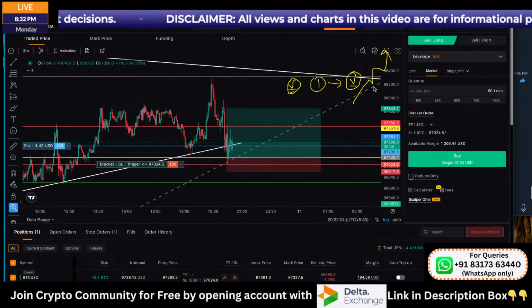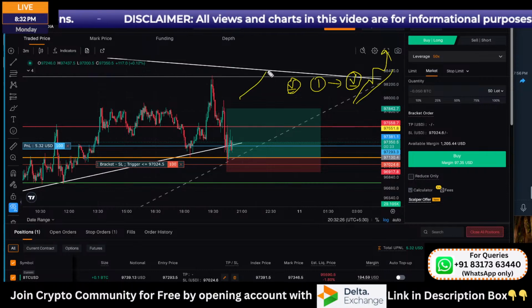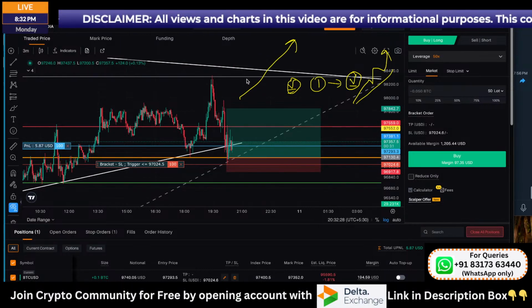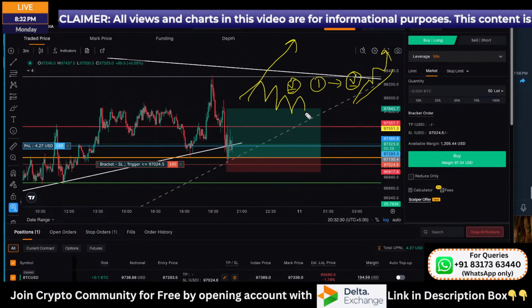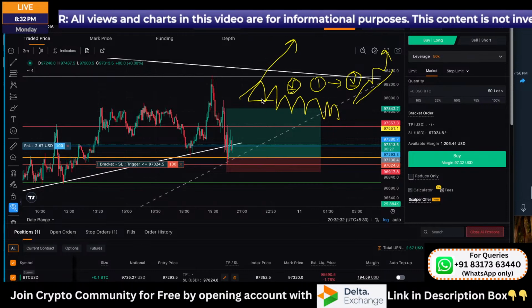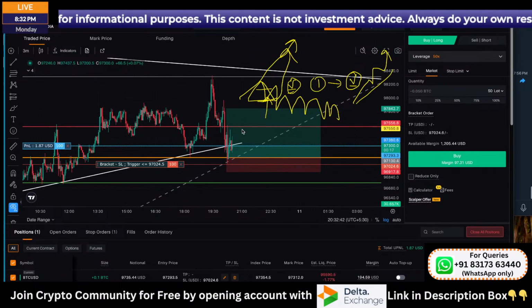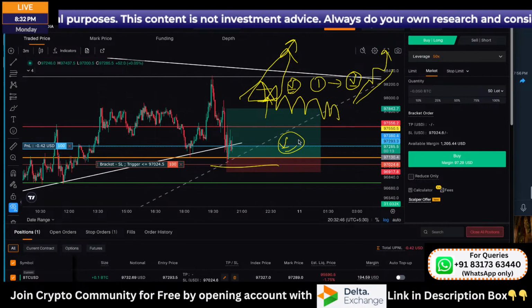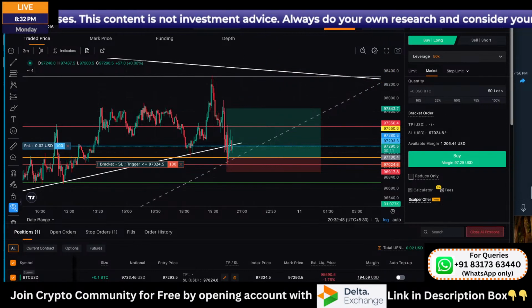For that, usually the market will not reverse in one shot. It will make lower highs, lower lows. If I scalp too much, or if I move my stop loss to the upper level very quickly, sometimes after hitting my stop loss, the market will move towards the upside. So since my risk is already decided, and I consider this a reasonable risk for the trade, I'm not worried too much about this.